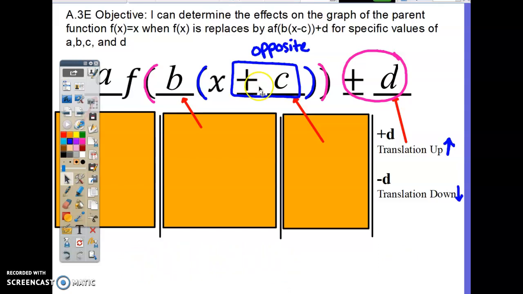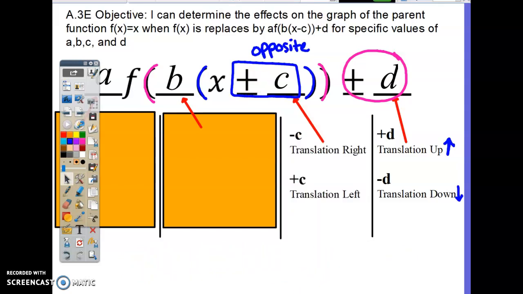But this says that if it's a negative, it's going to be going to the right. Negative C: if it says minus 2, that means it went to the right 2. If it says minus 5, it went to the right 5. The opposite, because normally minus would be to the left, right?